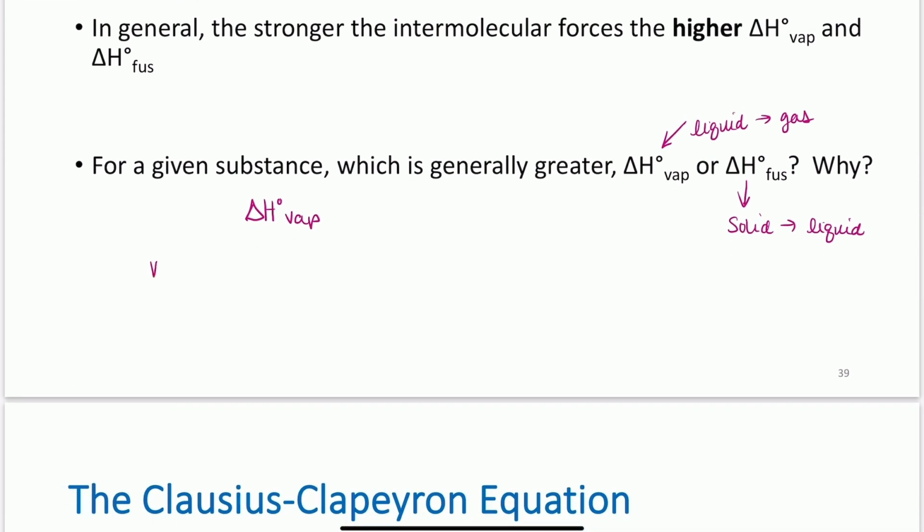Vaporization requires the IMFs to be completely overcome.